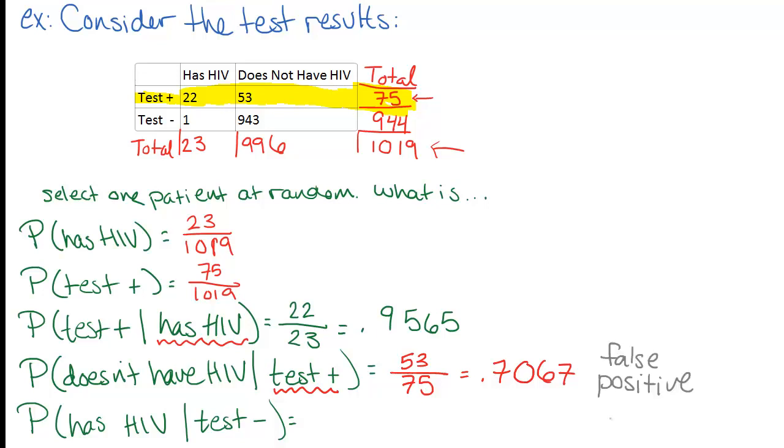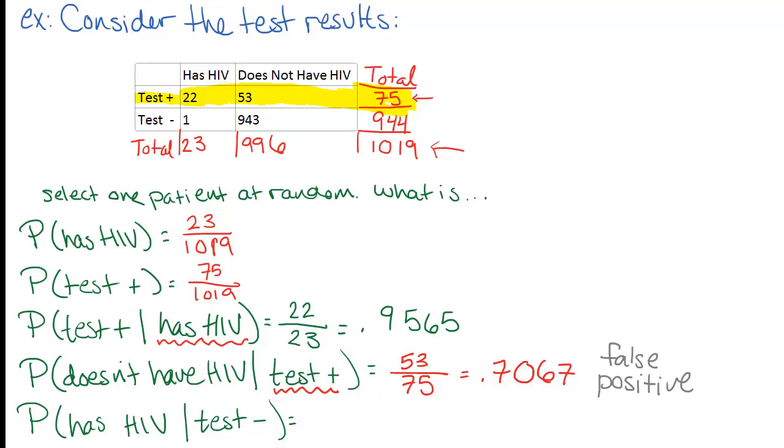And this very high probability here is what is sometimes referred to as the false positive paradox, because you'd think that if you test positive and it's a reliable test, which this one is fairly reliable, you notice that if you have HIV, the probability that you test positive was 95%. But because so many people don't have HIV in comparison to the population that does, we get these kind of skewed numbers.